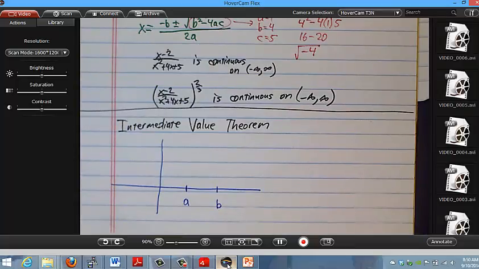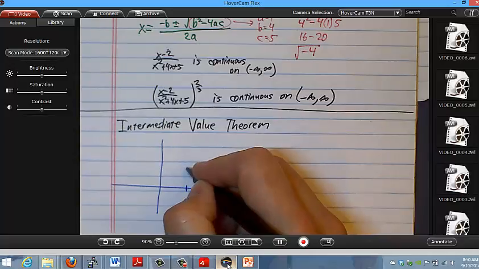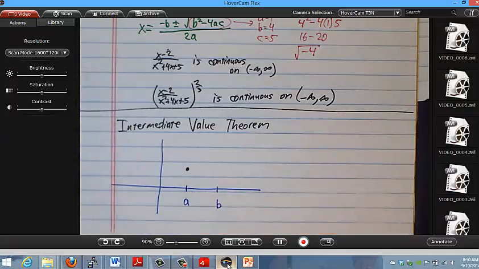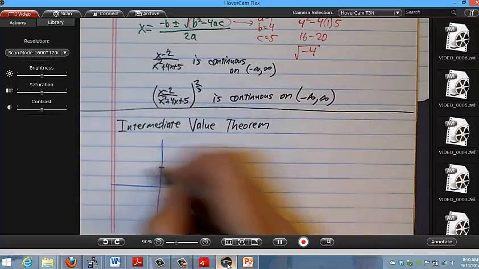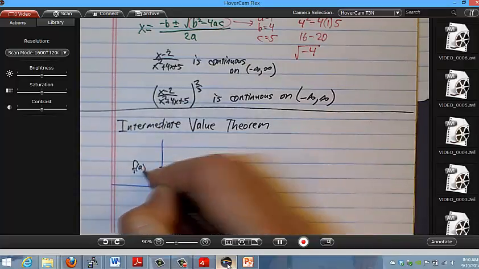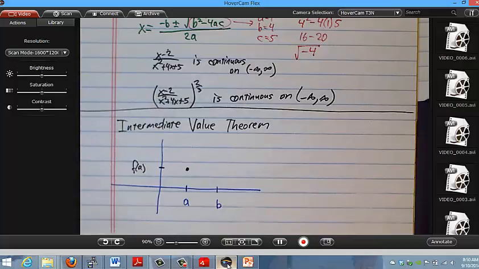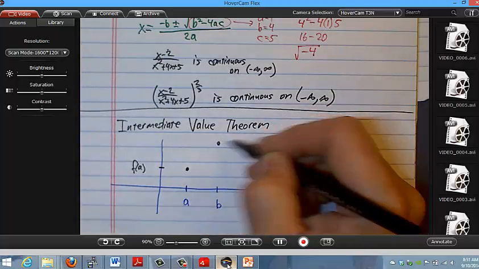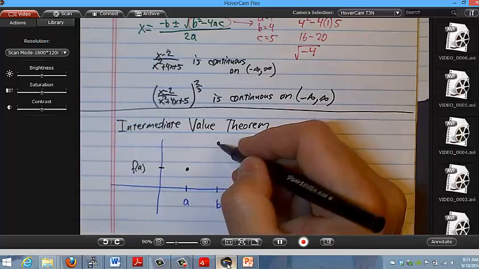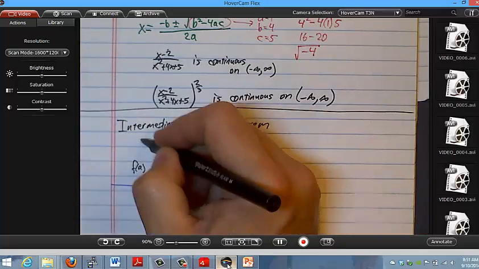And somewhere up here, let's start drawing my function. So this will be the point, I guess this will be f of a. Okay. So that's the point a, f of a, right? And somewhere up here, let's put the point b, and so this will be f of b.